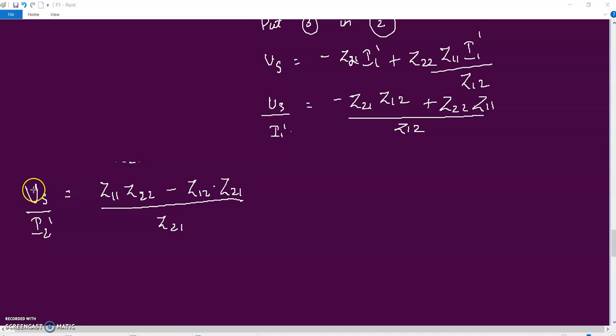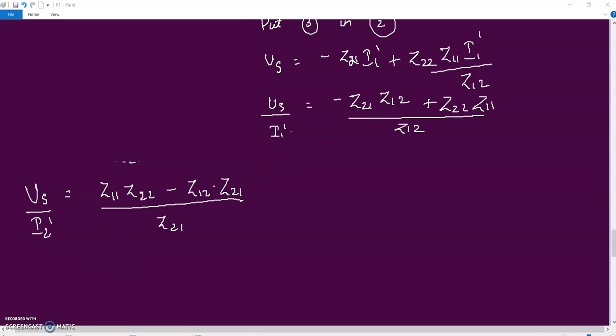This was the Vs by I2 dash we got earlier, that is Z12 Z22 minus Z12 into Z21 by Z21. Now we have got Vs by I1 dash as minus Z21 Z12 plus Z22 into Z11 divided by Z12. So we can find that both are the same.